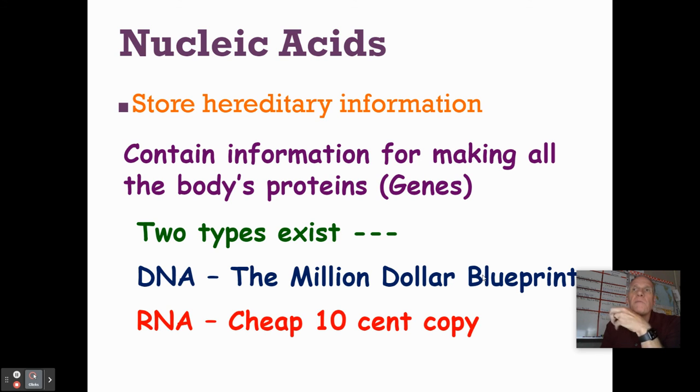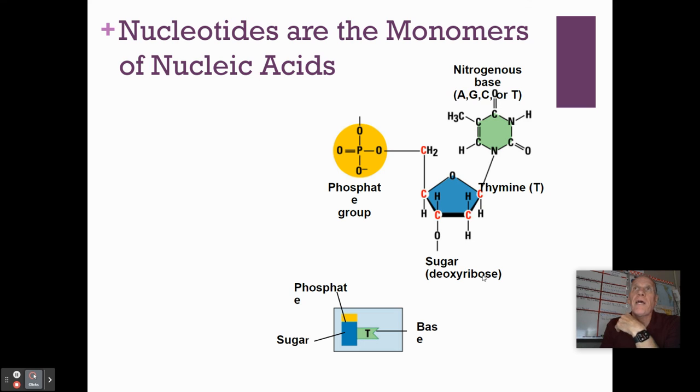RNA is constantly being made and broken down. DNA is protected inside the nucleus, and there's all sorts of mechanisms that prevent it from being changed. So that's your $1 million blueprint, and RNA is a cheap 10-cent copy. But all nucleic acids are made up of monomers called nucleotides, and all nucleotides consist of three parts.